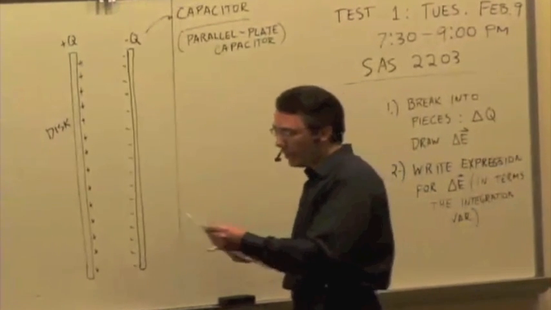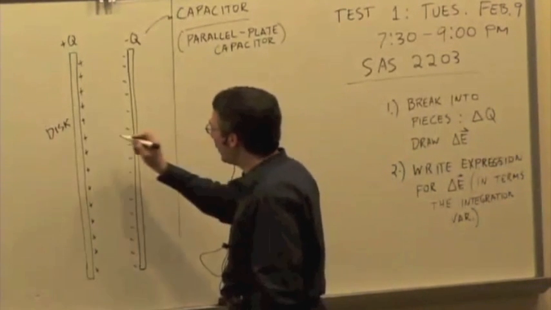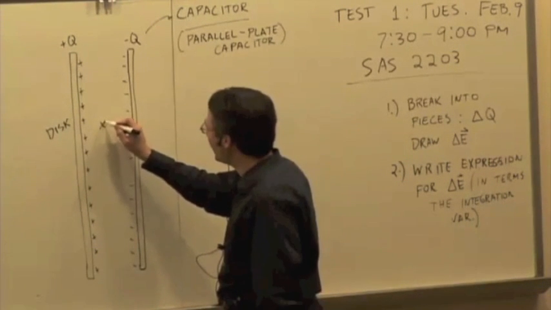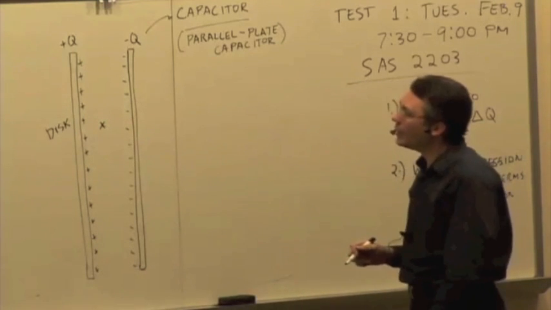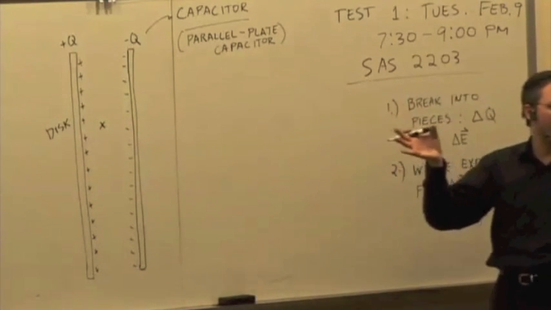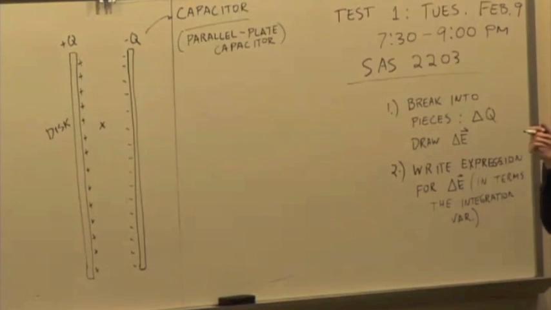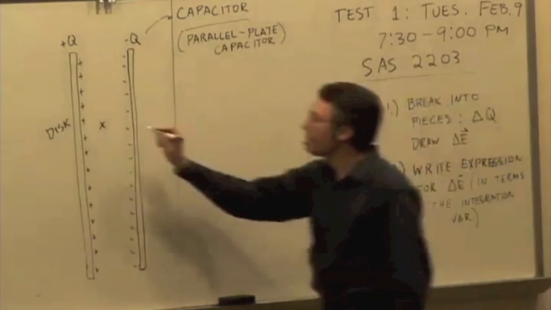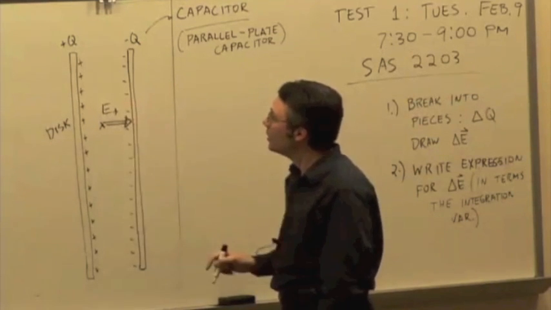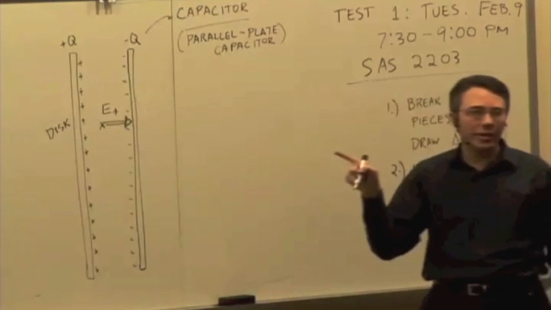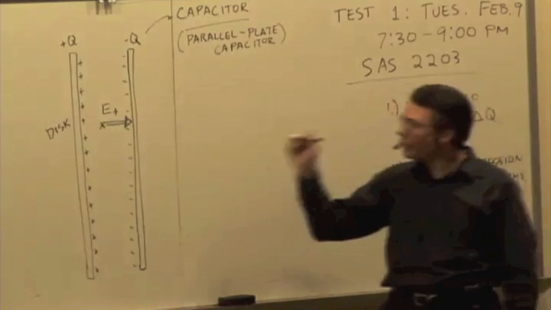So we look at the electric field at various locations here. If we want to look inside, at an observation location in the gap in between them, the electric field due to the positively charged disk is pointing what way? Pointing that way, right? So that's E of the positively charged disk. The electric field of the negatively charged disk is pointing the same direction, right?